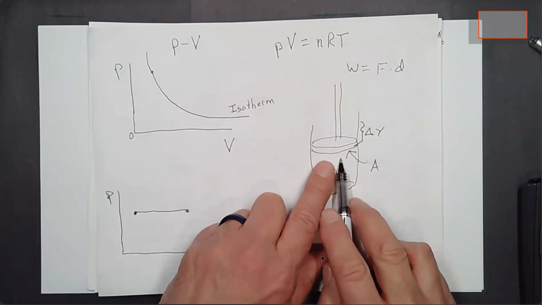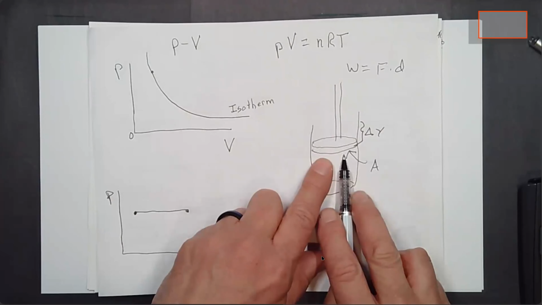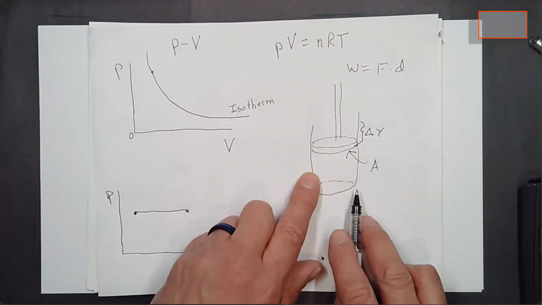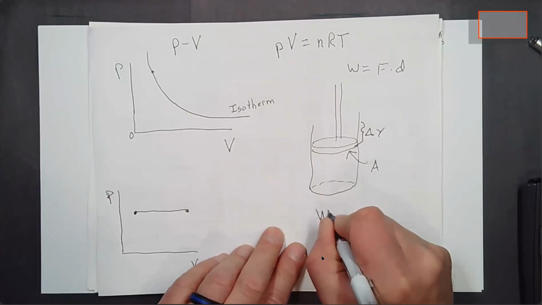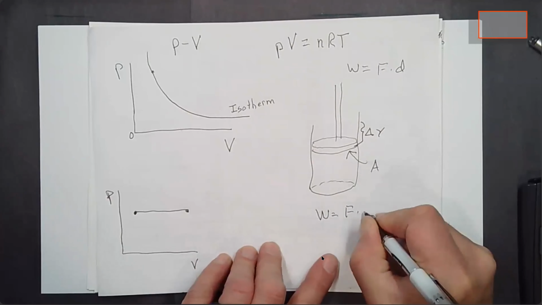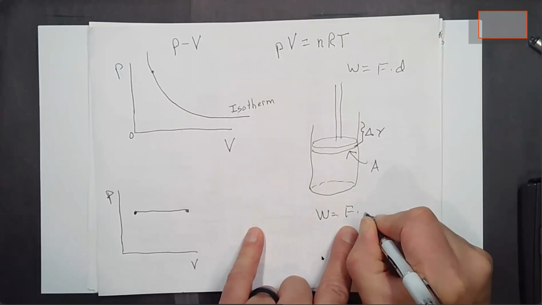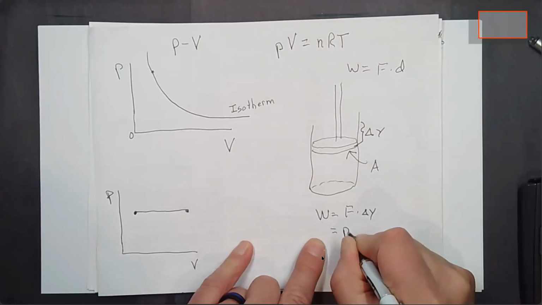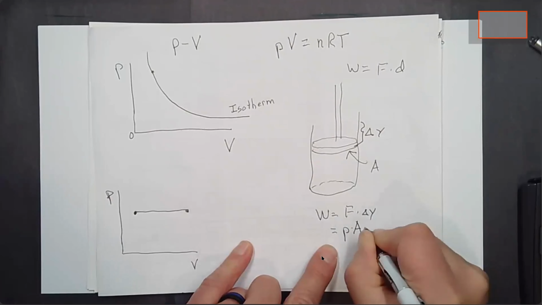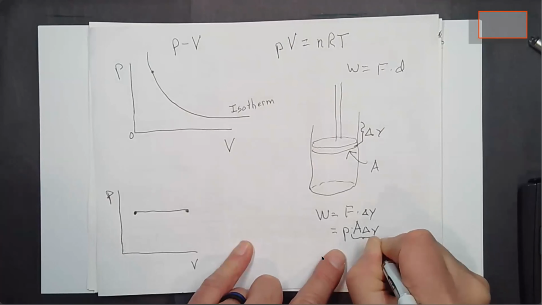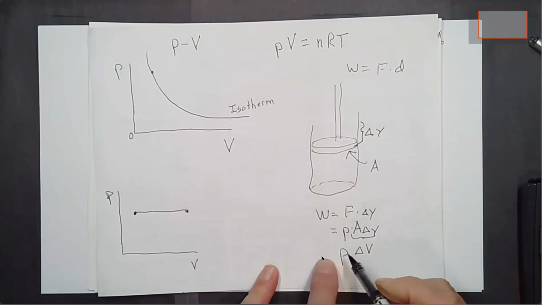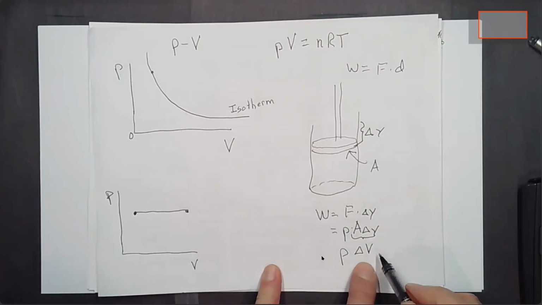The pressure times the area would be the force it's exerting. And then the delta Y would be how far it exerts that force. So the work equals the force exerted by the gas times delta Y, but the force is equal to the pressure times the area, and A times delta Y is the change in volume. So in this case, you'd have P delta V.